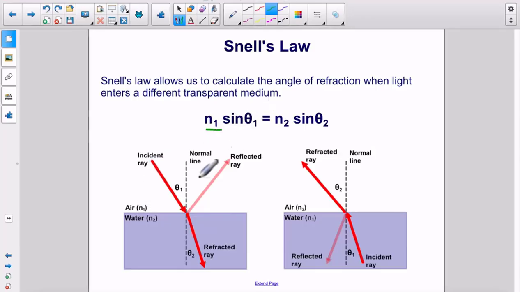Sine theta 1 would be this angle here, the angle of incidence. That has to be equal to n2, so for water that would be approximately 1.3, times sine theta 2, so that would give you sine of the refracted angle.